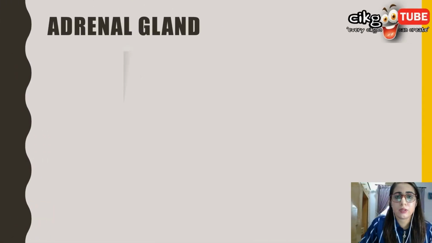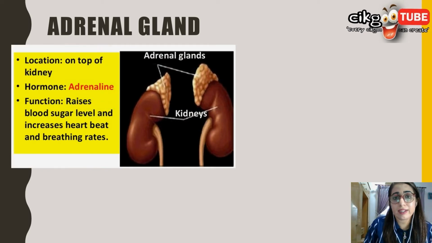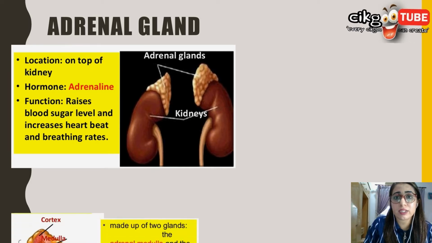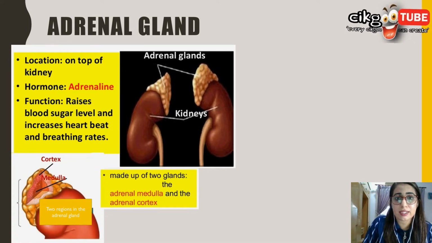Okay, let's look at the adrenal gland now. The adrenal gland sits on top of both kidneys. Each adrenal gland consists of an outer adrenal cortex and a central adrenal medulla. The adrenal medulla secretes adrenaline hormone, and it receives signals from the CNS, the central nervous system, via spinal nerve to secrete adrenaline or noradrenaline under stress condition.